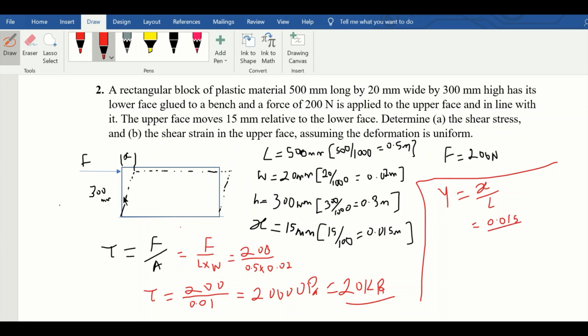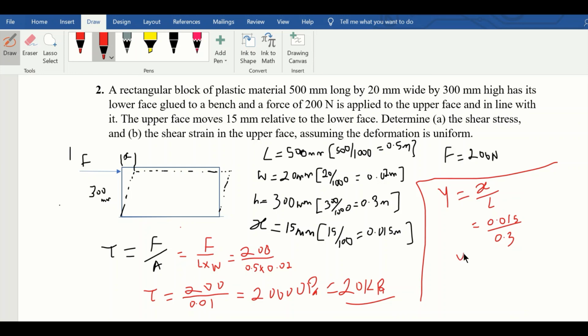The length is the height of this block, because it says the upper face moves 15 millimeters relative to the lower face. So the length of this part of the block is 300 millimeters, which we convert to meters, and it gives us 0.3.